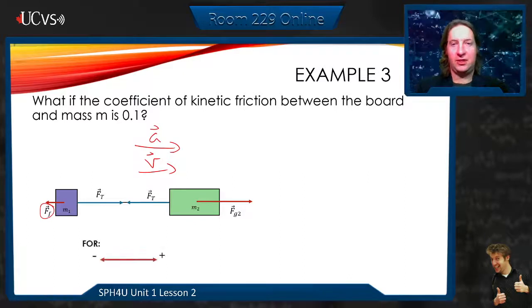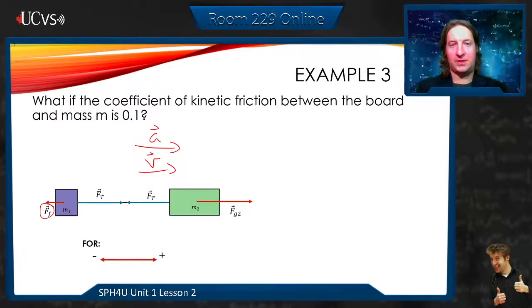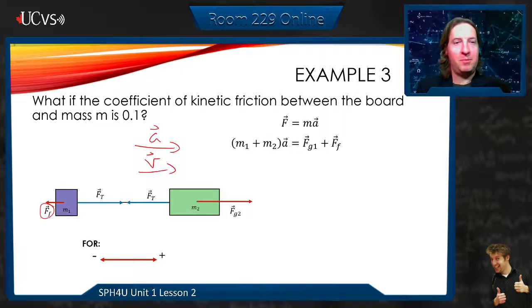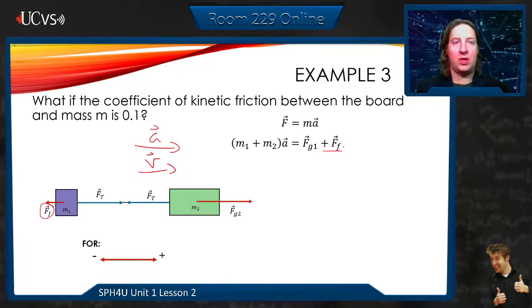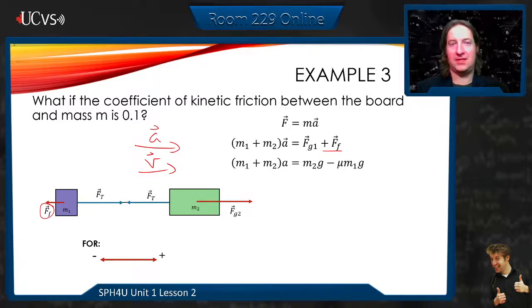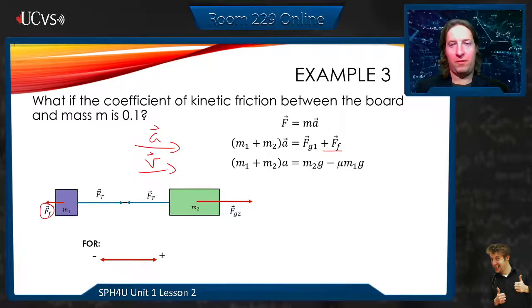So again, with a frame of reference of right positive, we do the same thing, but instead we're going to have our friction vector here. And when we plug it in, it's going to be negative, because it's to the left: negative mu times the normal force, right?